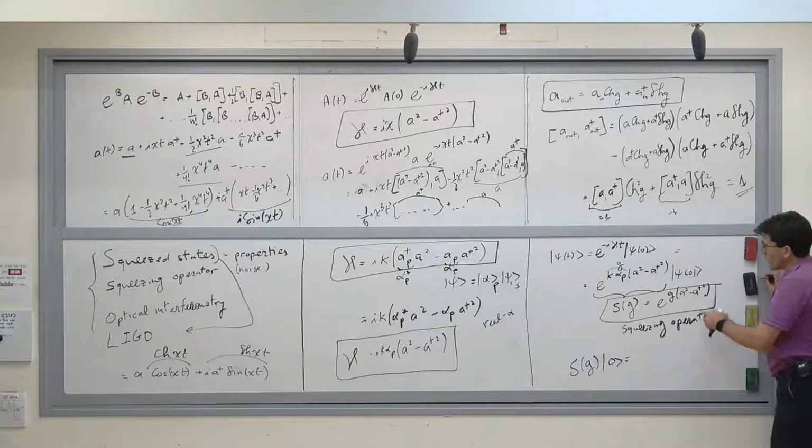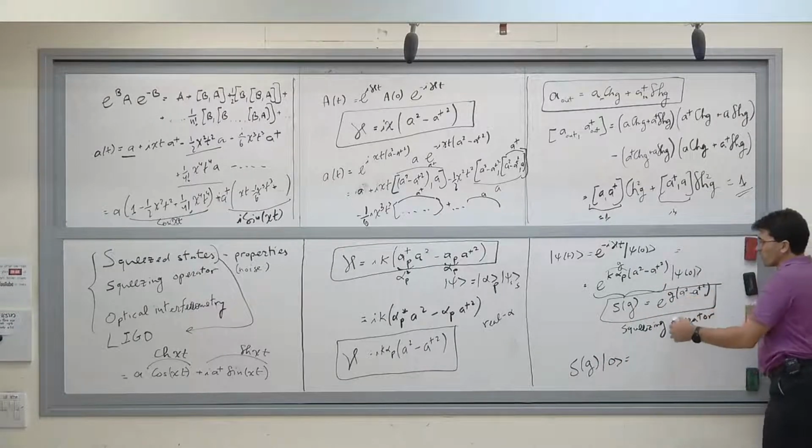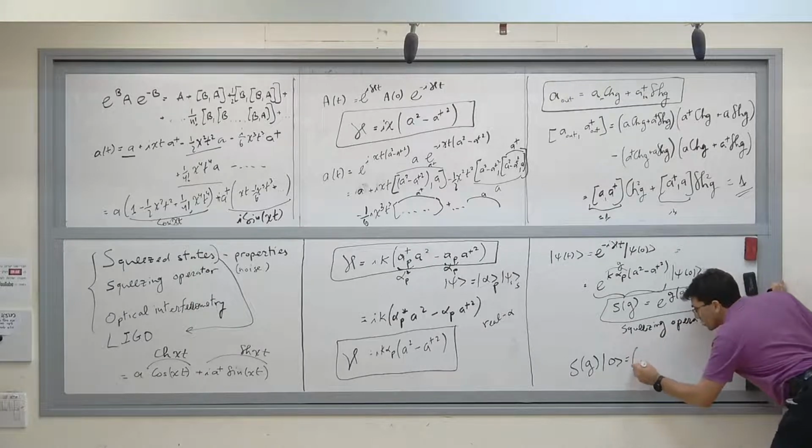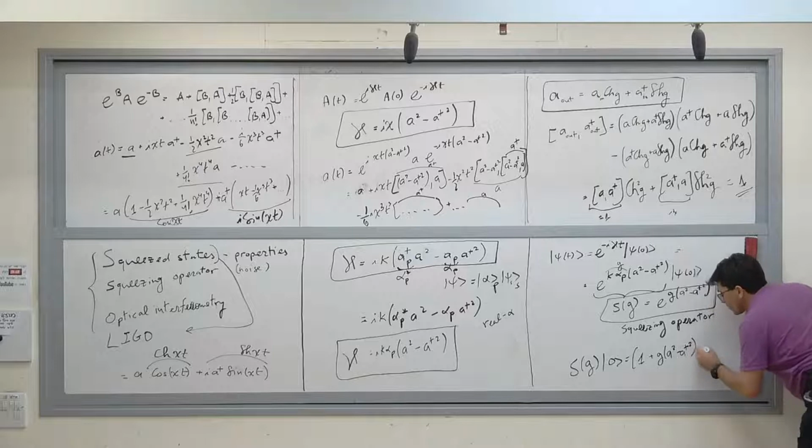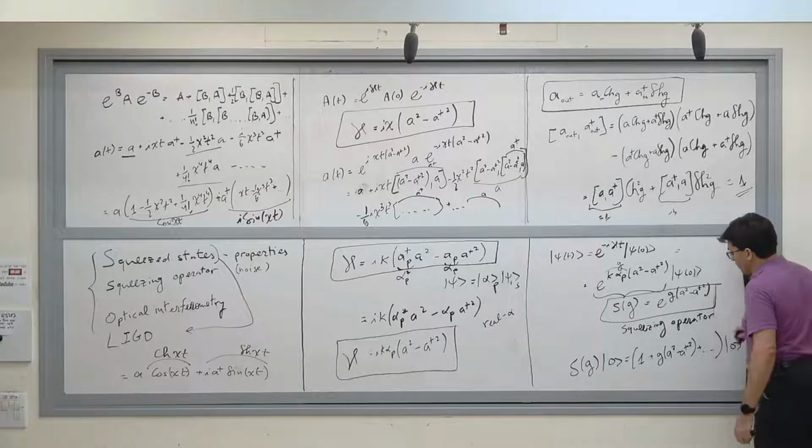If I want to understand what it is, it will be 1 plus G times A squared minus A dagger squared plus the series here operating on the vacuum.